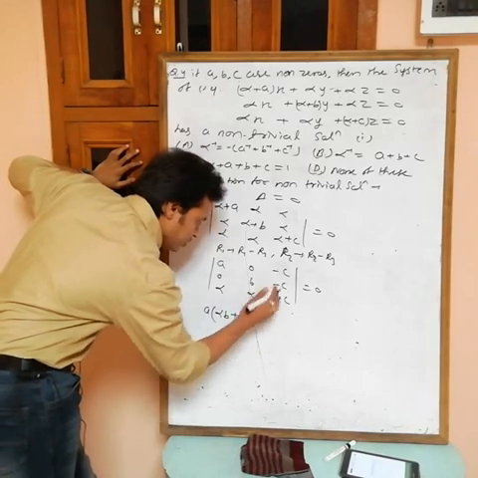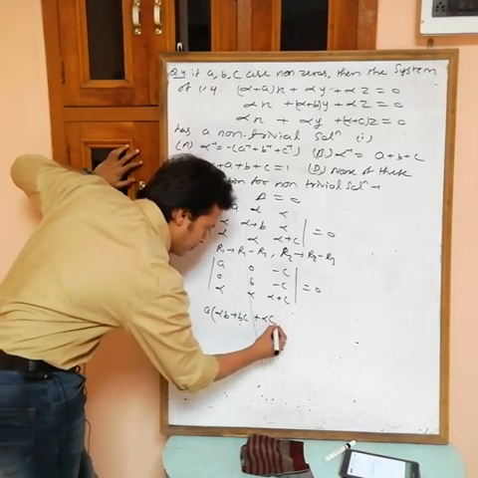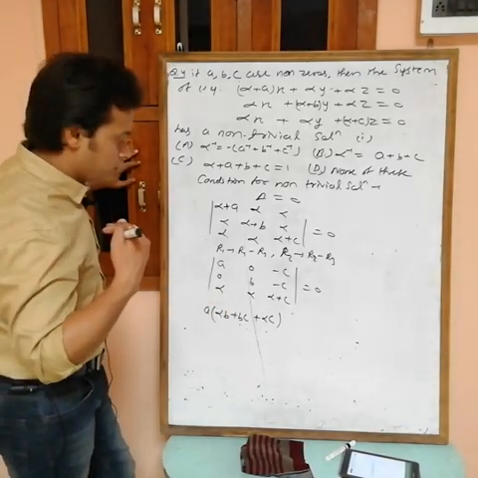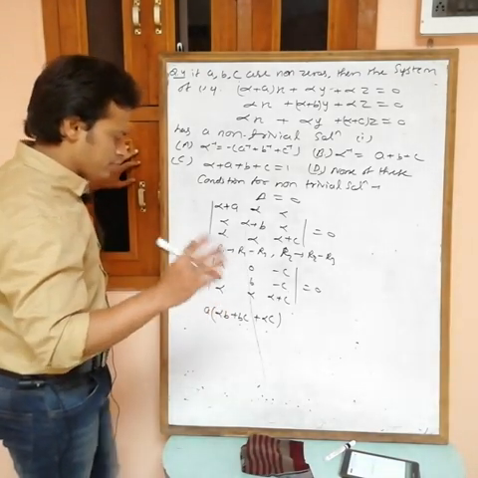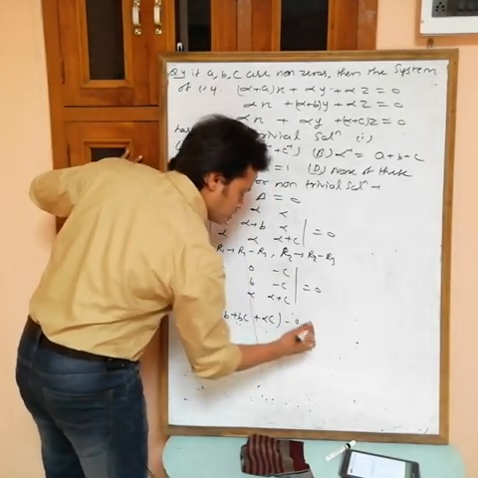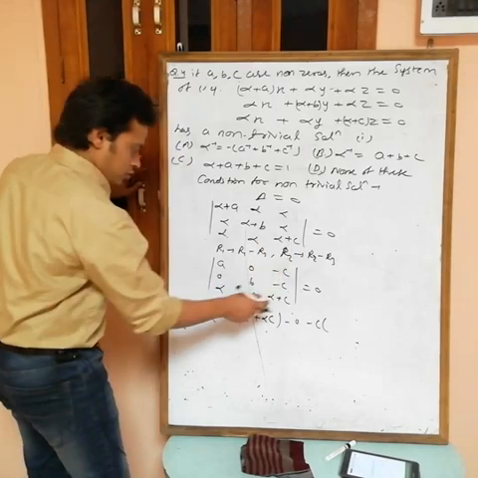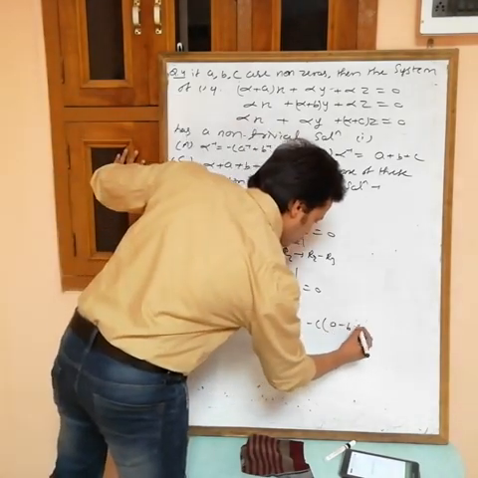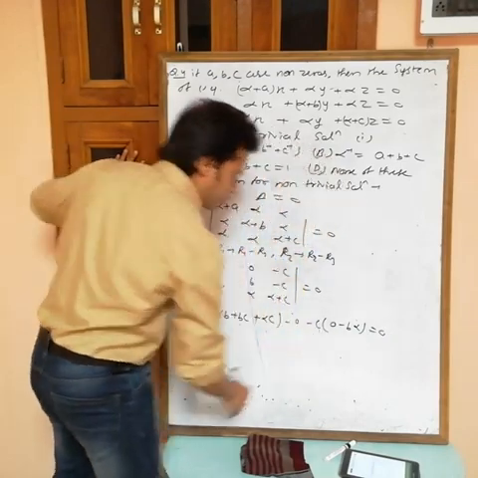If you expand with respect to the first row: A into this one into this one, alpha B plus BC, and minus this one into this one, plus alpha C. 0 multiplied by its cofactor becomes 0, so minus 0. Now plus of minus C, hide the corresponding row and column: 0 minus B alpha, equals 0.